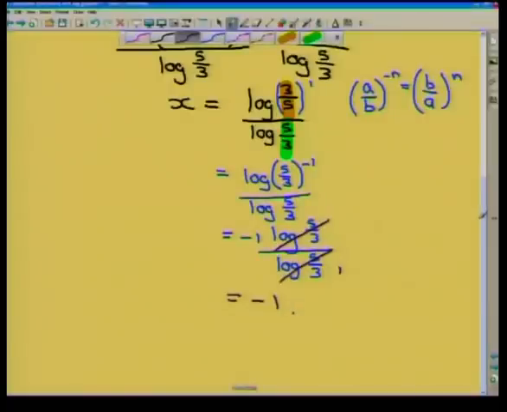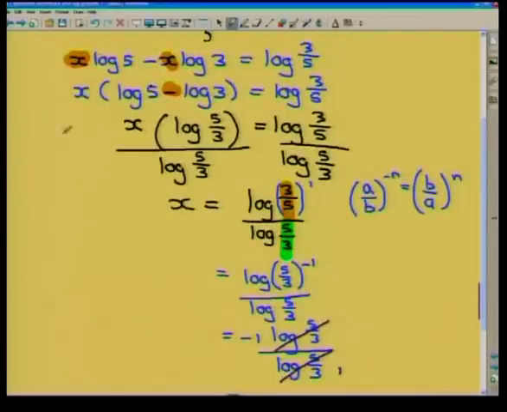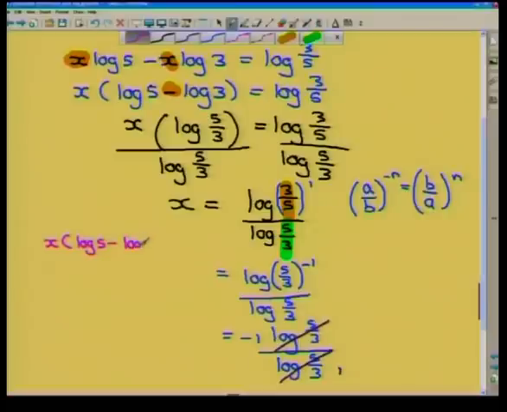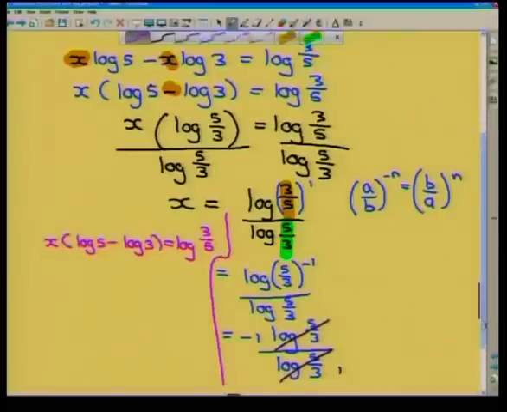So going back up to this point over here, let's take the screen up to where we're here. Okay, so I'm going to put it on the side here in pink so you can see it. I've got x times (log 5 minus log 3) equals log 3 over 5. Right, let's show you an option that is another way to do this question.